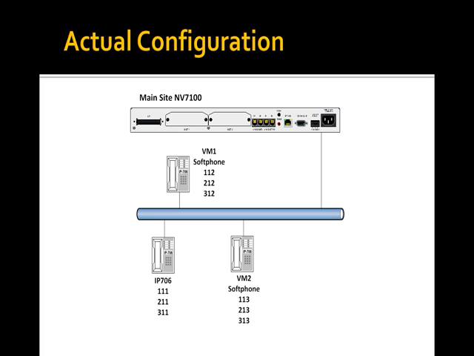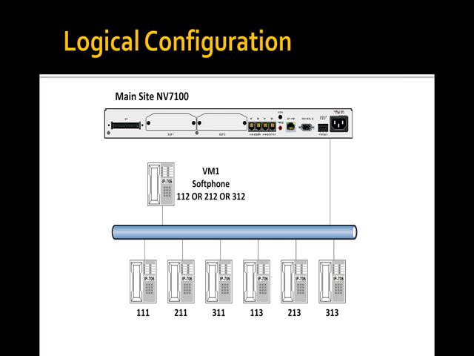Why am I doing that? Because the way I want you to think about this, you need to understand this is what you're doing. But the way I want you to think about it once you get it built is this. Your phone that you're going to use as your desk phone to make test calls is going to be the soft phone on VM1, which while you're making test calls, you're going to tell it to be either 112, 212, or 312.